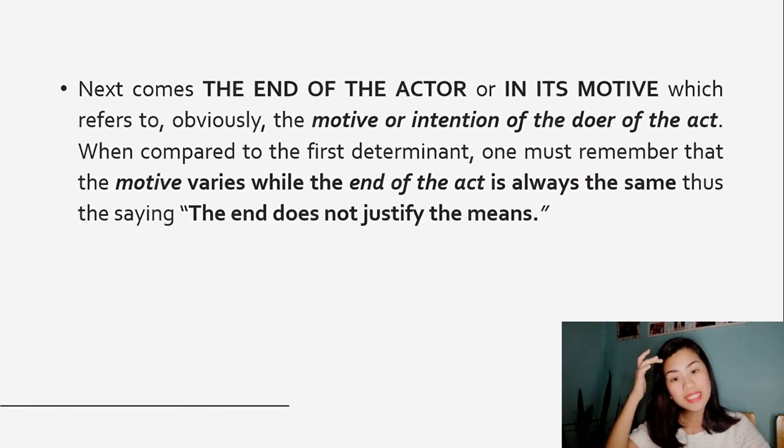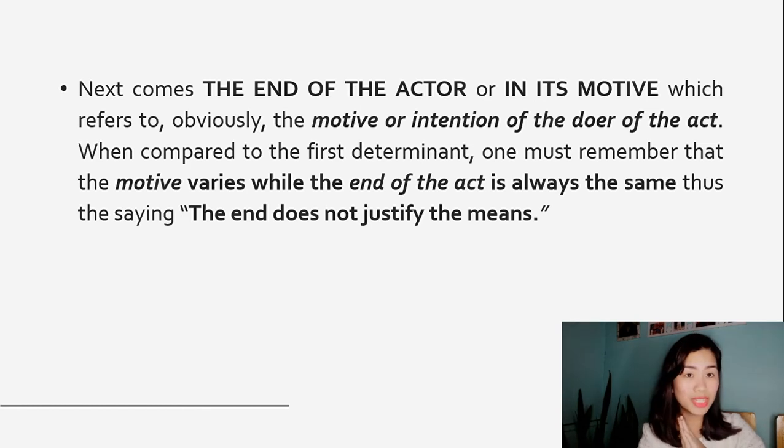Second is the end of the actor, or its motive, which refers obviously to the motive or intention of the doer of the act. When it comes to the first determinant, one must remember that the motive varies while the end of the act is always the same.